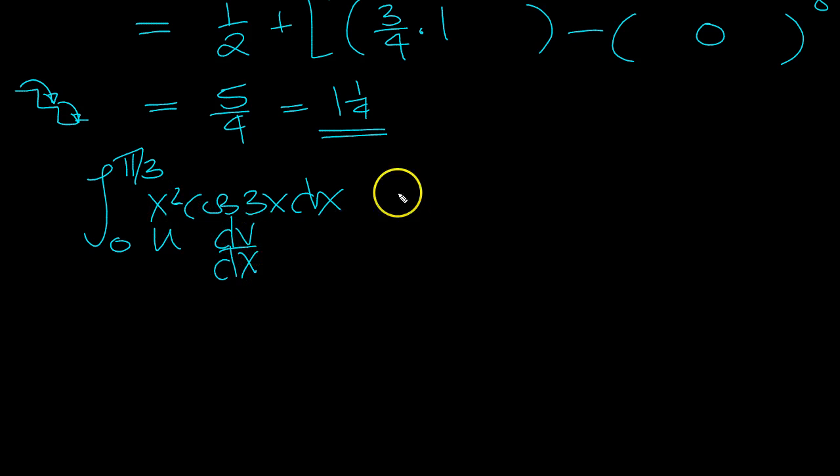u dv. Okay, so it's going to be equal to u times v. The integral of cos 3x is 1/3 sine 3x.